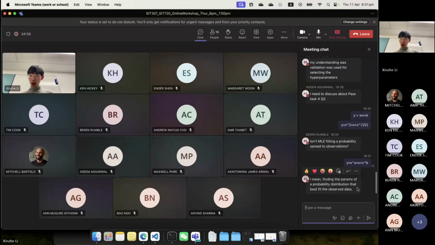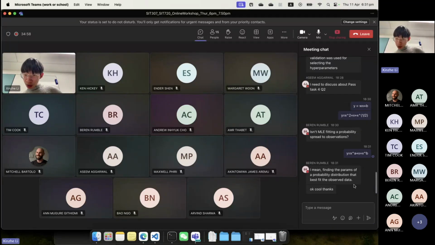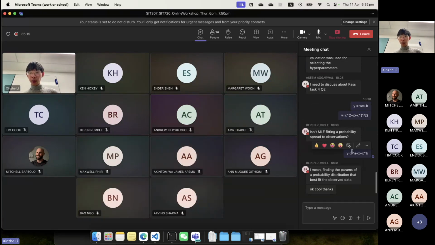So, finding the parameters that best fit the observed data. Actually, we want to find the parameters of these functions, and then we use the probability distribution as a tool. Let me go back to this later.